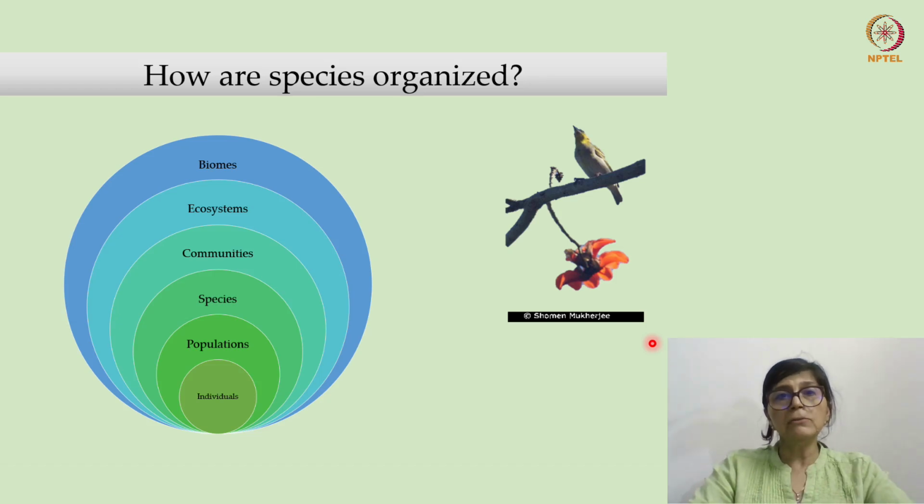And now, if I tell you to guess, what would be the interactions within individuals, right? How do they interact? Just think while we are progressing into the lecture. The next form are populations.